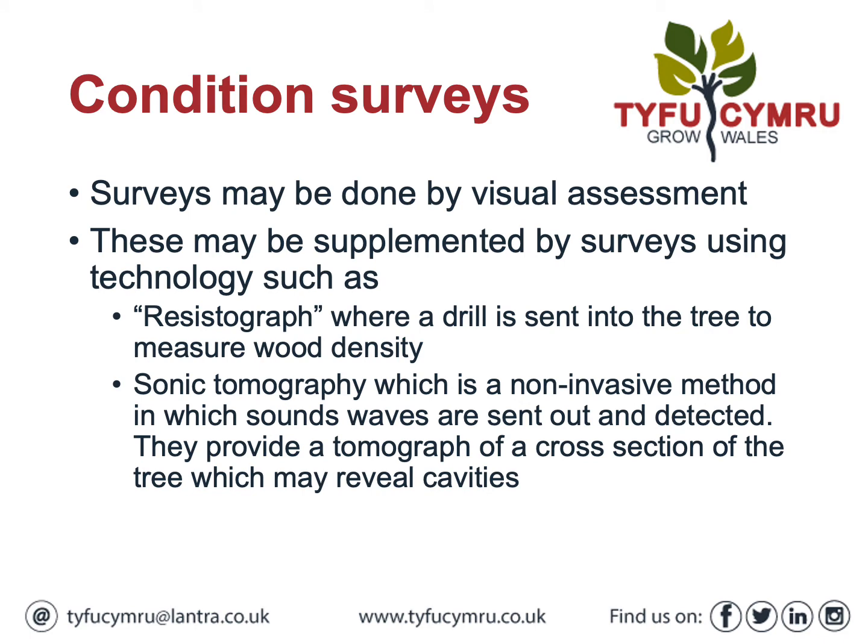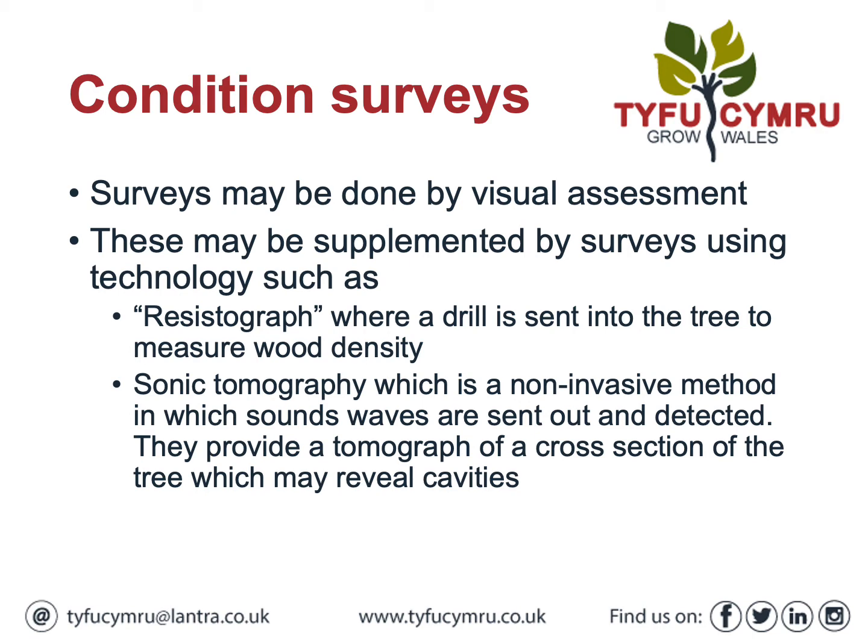Now, surveys are generally done by visual assessment, looking at the trees, but there are technologies that can be used to investigate more deeply, and those supplement those surveys. One example is a resistograph, where a drill is sent into the tree, and that measures the wood density, and therefore helps detect where softening or decay is occurring.